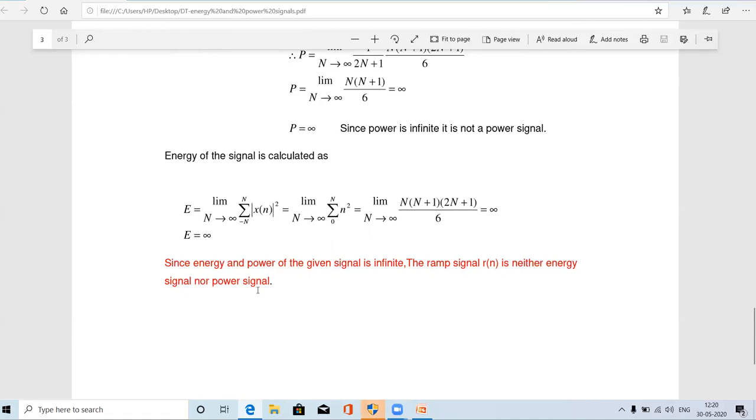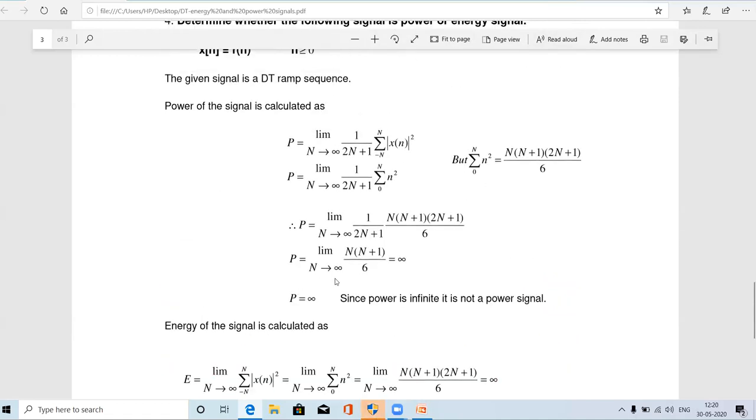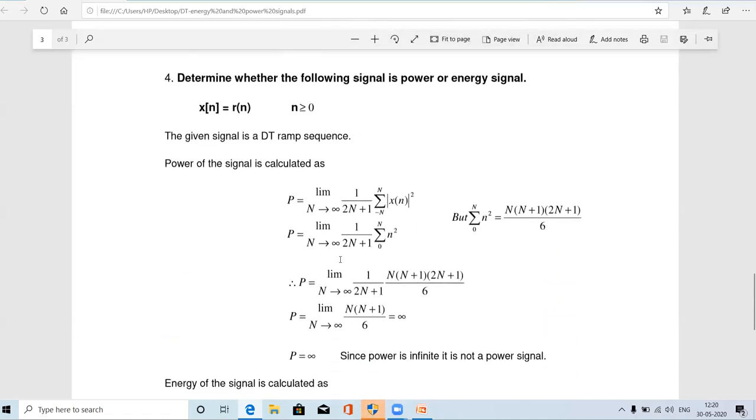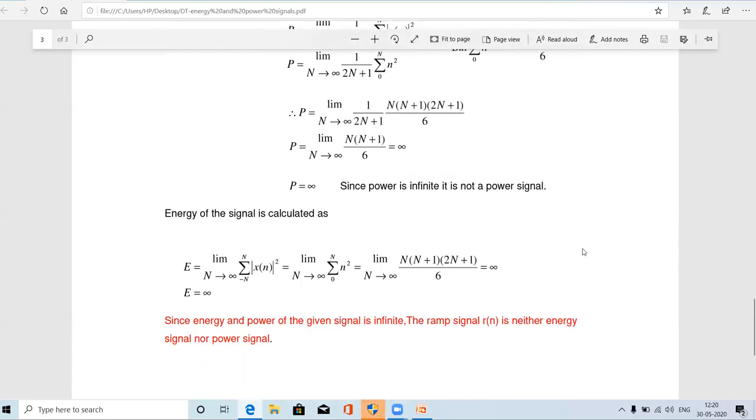Similarly, the r of t problem in continuous time is also neither an energy signal nor a power signal. Some questions may be of this type, neither power signal nor energy signal.